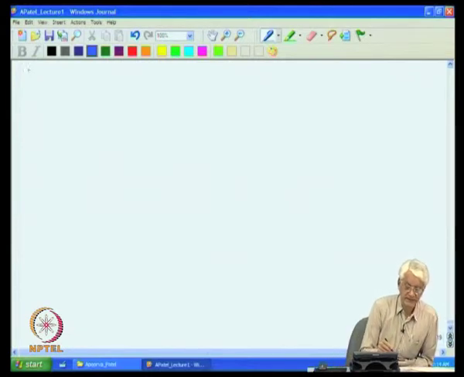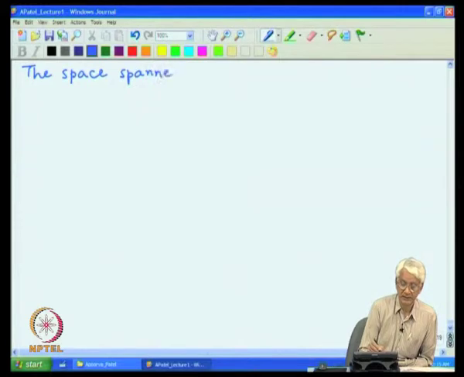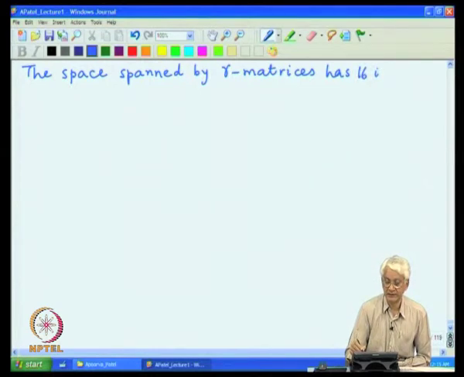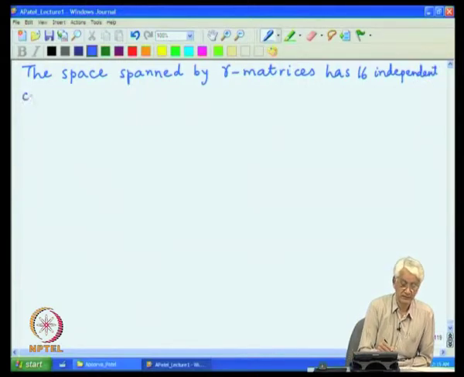This internal space spanned by gamma matrices has 16 independent components.